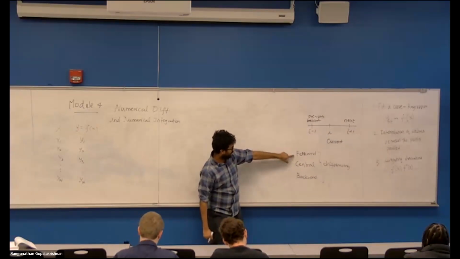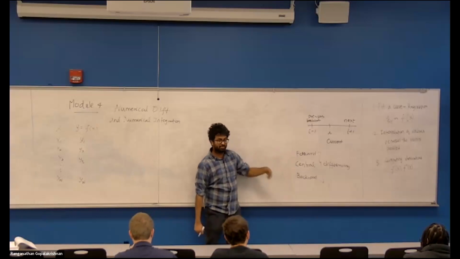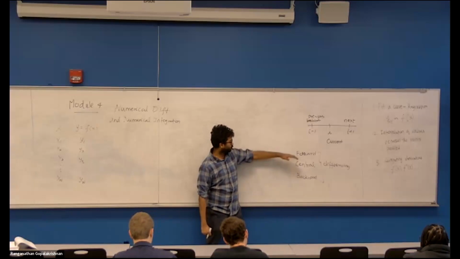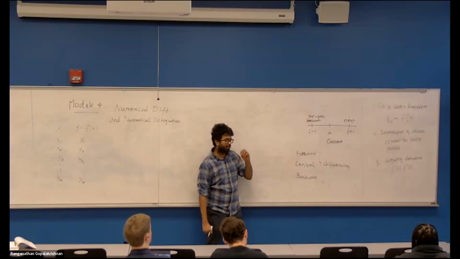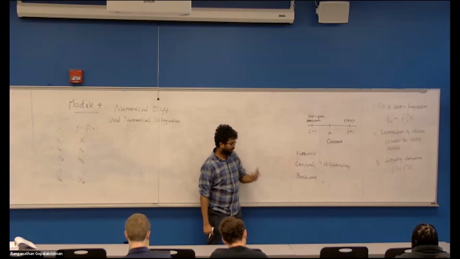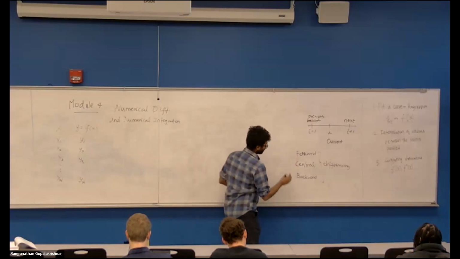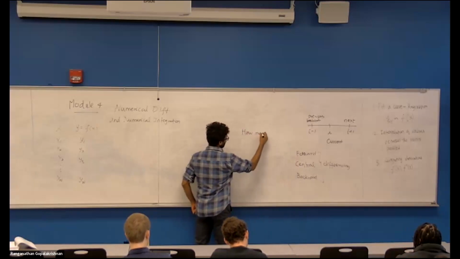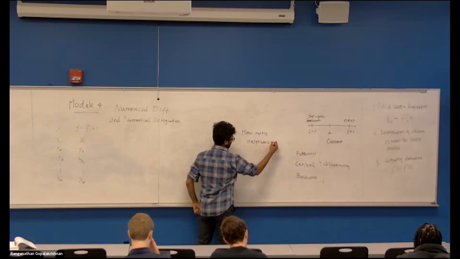So it could be forward differencing, central or backward differencing, which is usually dictated by the physics in hand. So you can't just arbitrarily choose one of these. It has to come somewhat grounded on the context. And then once you do this, how many neighbors are involved?